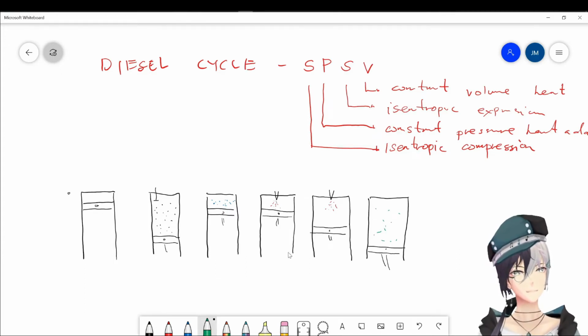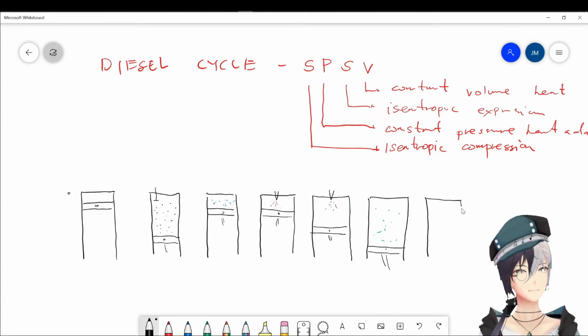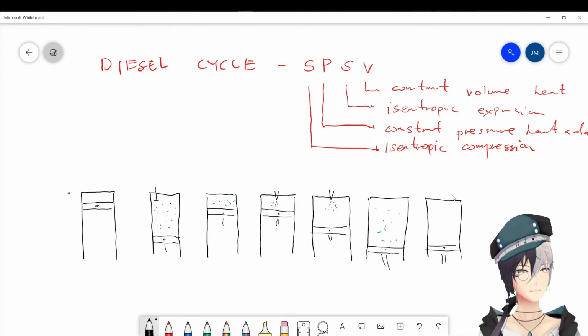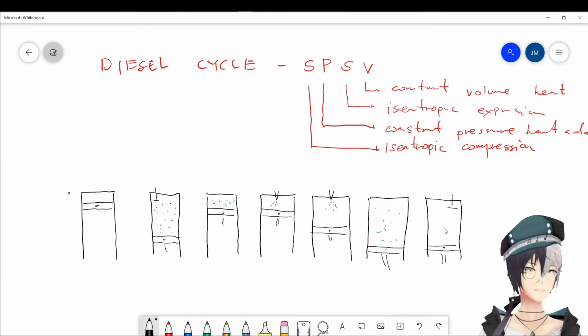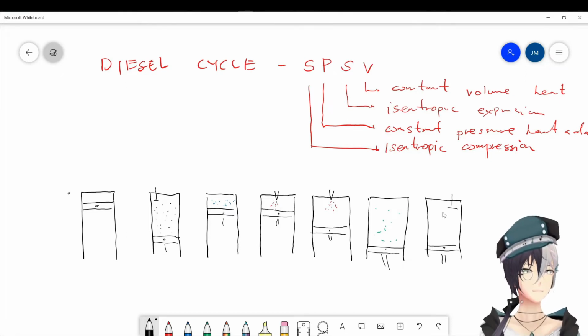And then you now have your constant volume heat rejection. So the valve suddenly opens. Of course, the pressure here is very high compared to the surrounding. So the tendency is that the flue gas or the combustible materials will exit the exhaust valve.